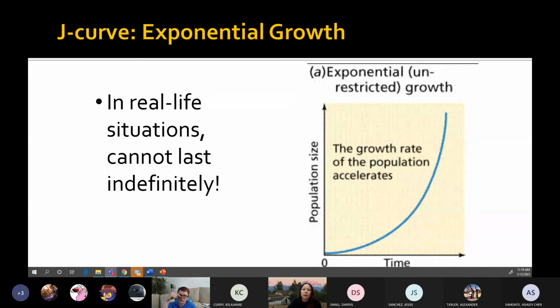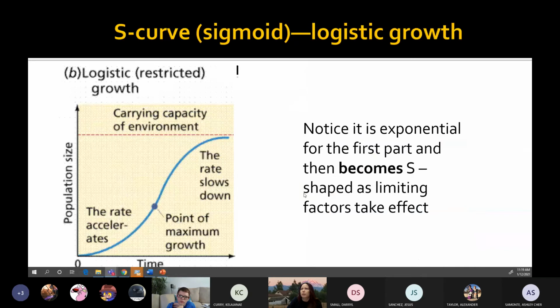All right. The next graph is called the S curve, for sigmoid. It's just the S curve, and it's called logistic growth. That's when the carrying capacity is introduced, those limiting resources are introduced.